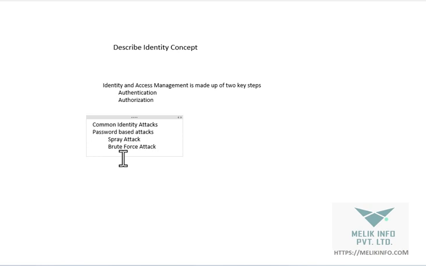Attempt to match a username against a list of weak passwords. Let me write it.